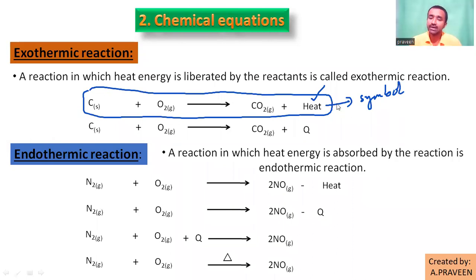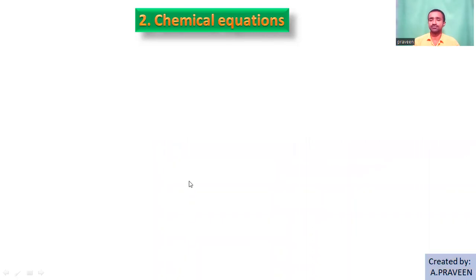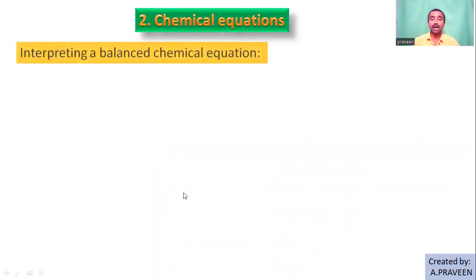Right? So the next topic for us is, simply, interpreting a balanced chemical equation. We already added extra information to the balanced chemical equation. So here, what we can read, the information, analysis, and data gathering from that equation, is interpreting a balanced chemical equation, the data provided by the equation.